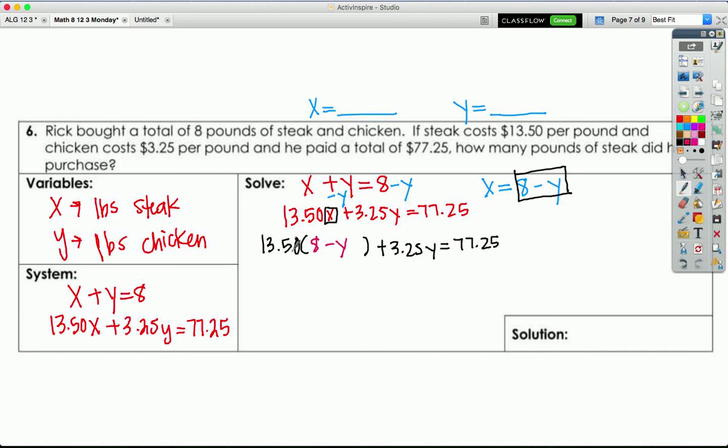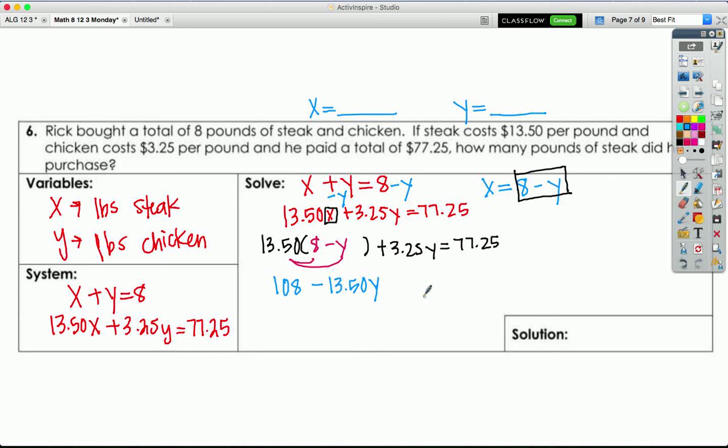So if I distribute 1350 to both things, I'm going to need to figure out what 1350 times 8 is. 10,800? Okay. And then 1350 times negative y is just minus 1350y.